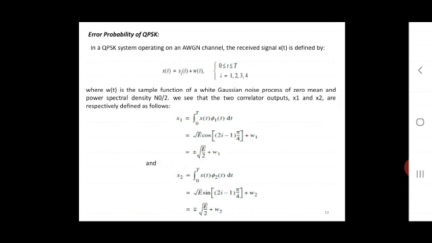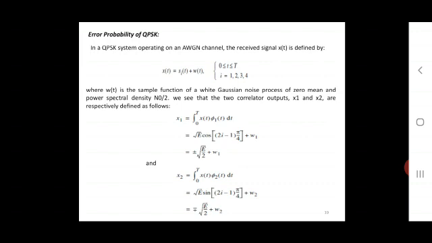There also, based on the decision device output, the error may occur, and we considered the probability of error. So in this QPSK error probability, we calculate the following things, and finally we'll calculate the probability of correctness, or reliable received data. Once you know the correctness of the received data, if you calculate 1 minus the probability of correctness, we will get the probability of error. So that we'll see later.